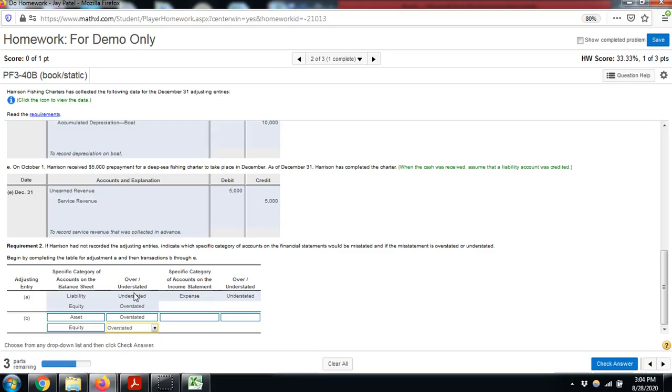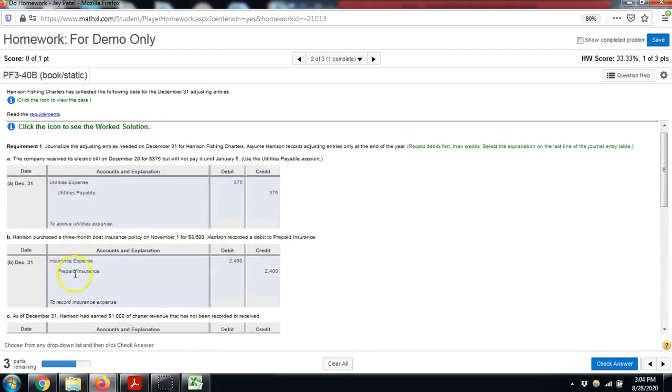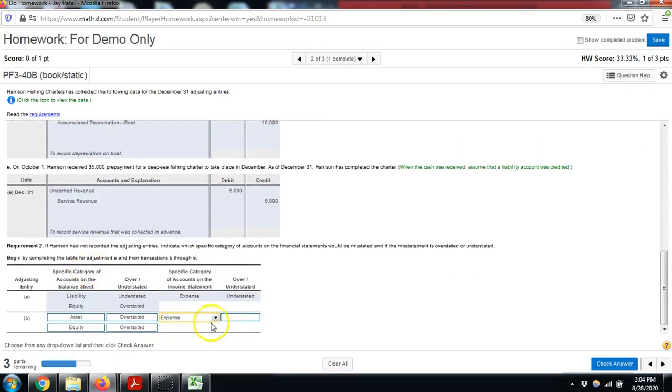So if you just think about the equation, if your assets go up and your liabilities are unaffected, that means the equity has to go up to compensate for the assets going up because they're on different sides of the equation. And so again, we have an expense that was not recorded, right? This insurance expense, if we miss it, then we're not including this expense, and that means our expense would be also understated.